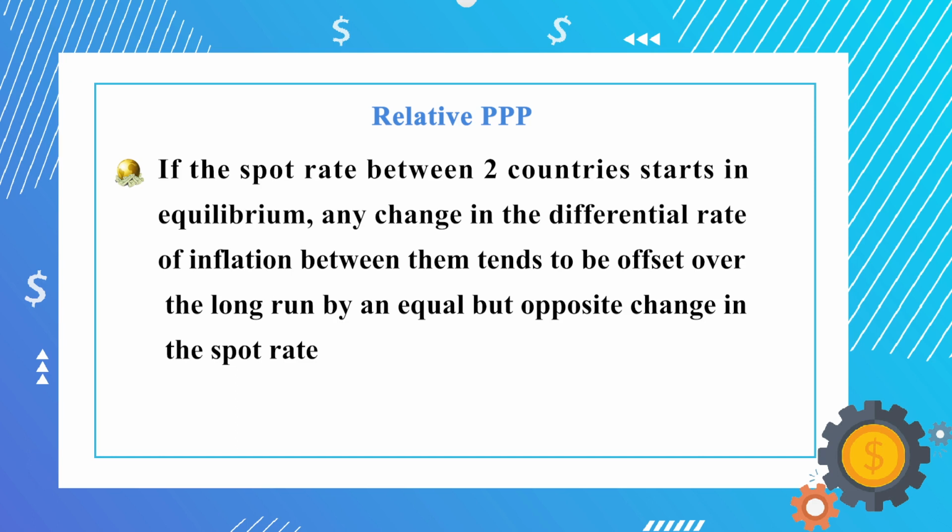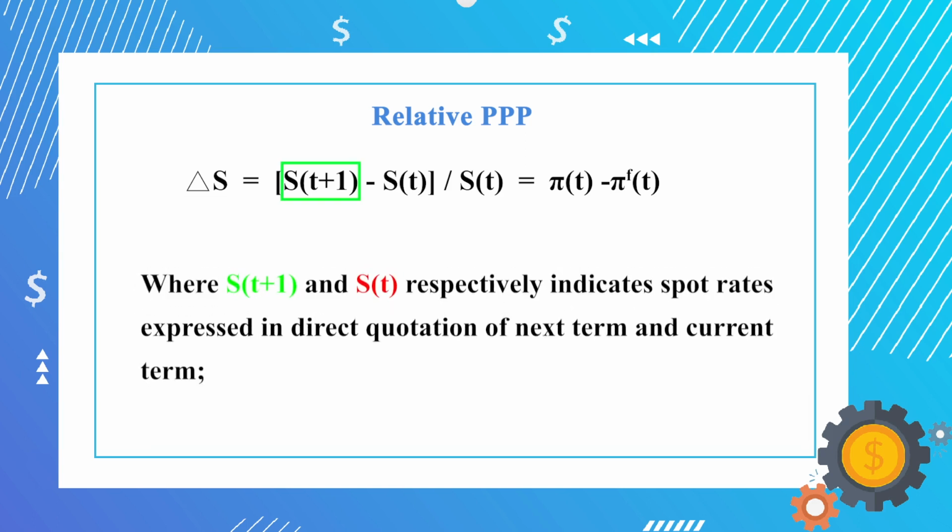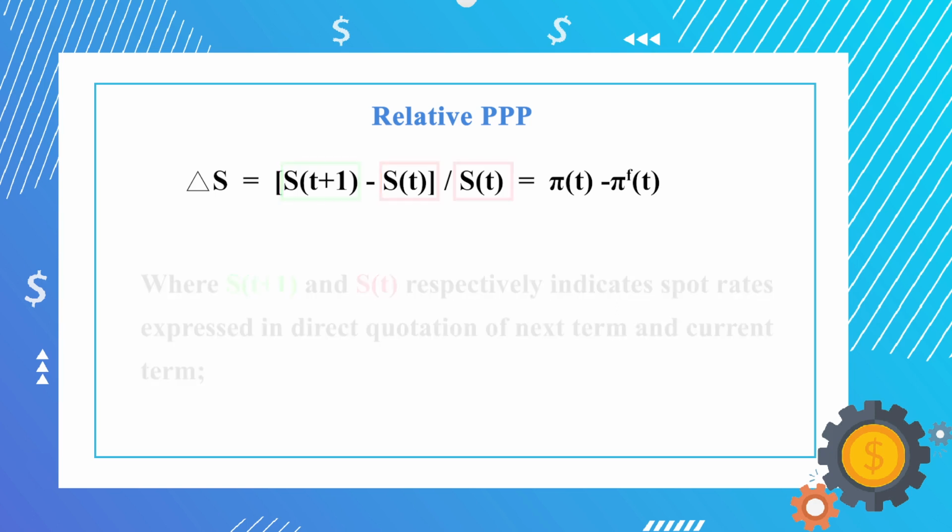Relative PPP can be expressed with the formula as such: delta S equals (S_T+1 minus S_T) over S_T equals pi_T minus pi_Tf, where S_T+1 and S_T respectively indicate spot rates expressed in direct quotation of next term and current term.